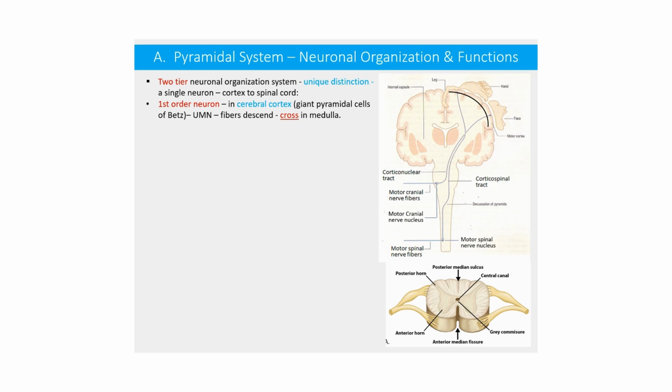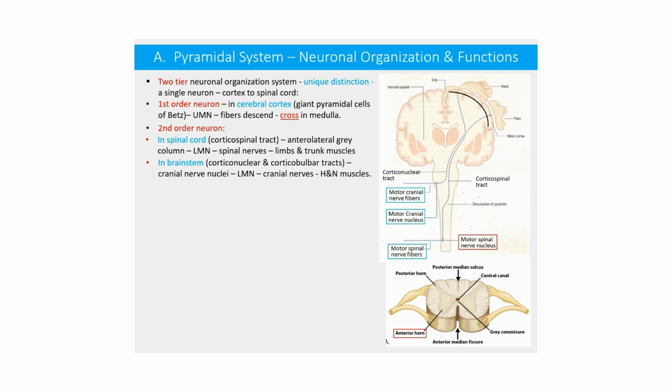These are named upper motor neurons and their fibers descend in the brainstem and cross in the medulla and synapse on the second order neurons in the spinal cord as the corticospinal tract, which lie in the anterolateral gray column of the spinal cord, and these are named lower motor neurons of the spinal nerves. The fibers of these nerves control the muscles of limb and trunk.